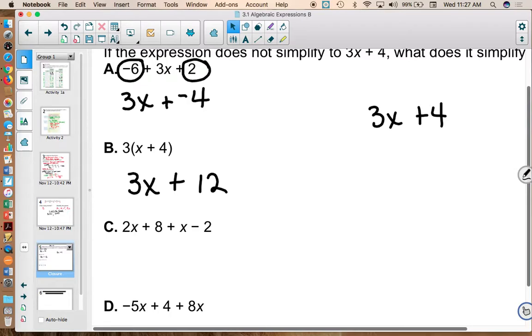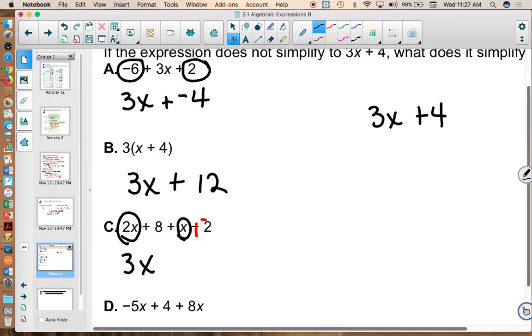First of all, I've got a subtraction statement, right? Change subtraction to add the opposite. Okay, I got that done. Now, like terms. I have 2x and I have x. That is 3x plus, now I have 8 and I have a negative 2. And what is 8 plus negative 2? 6.